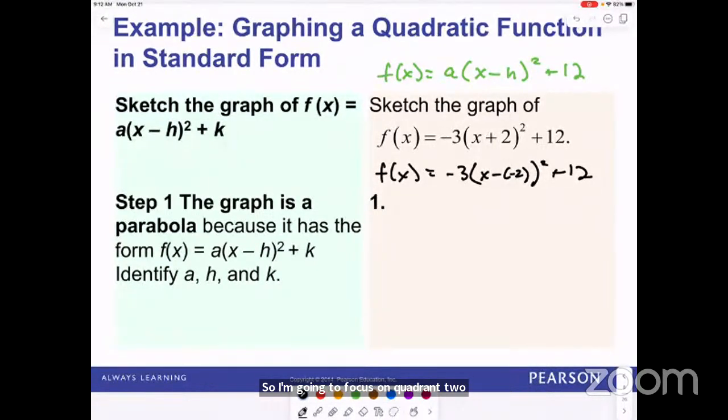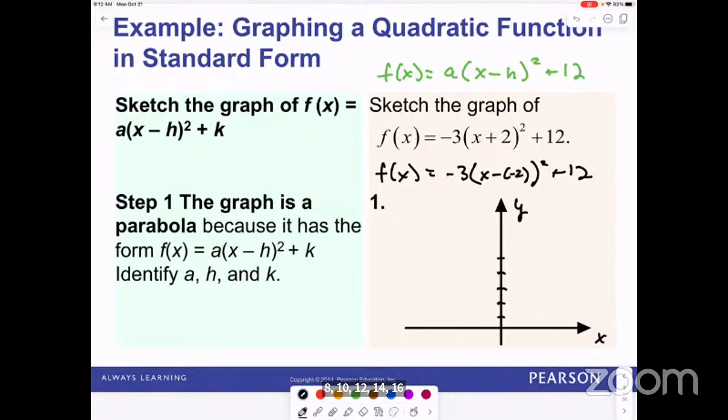So we're going to say this is our positive x in this direction. Again, this is just a rough sketch. This would be our positive y in this direction. -2, 12. So I'm going to go 2, 4, 6, 8, 10, 12, 14, 16. 1, 2, 3, 4. 1, 2, 3, 4. Okay.